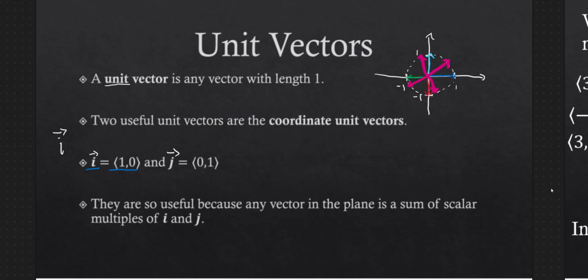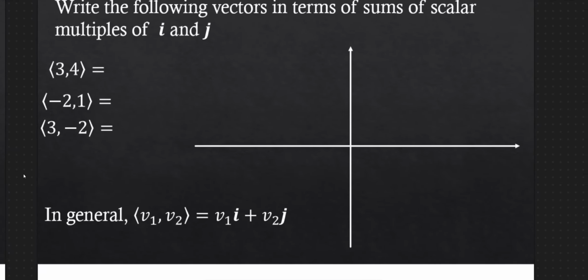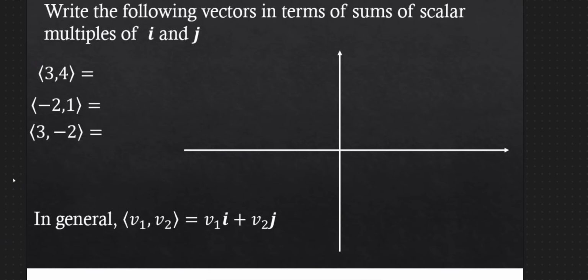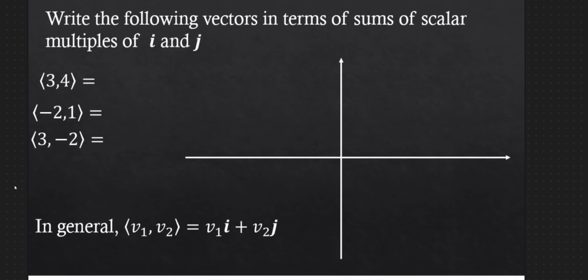Let's see how that works. So let's take, for example, the vector (3, 4). So that goes 1, 2, 3, then 1, 2, 3, 4. Here's the vector (3, 4). Well, I have my two coordinate unit vectors here. This is i, and this I'll use green, and I'll use red.